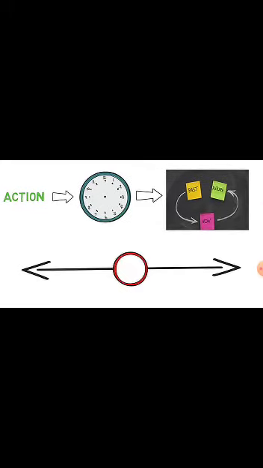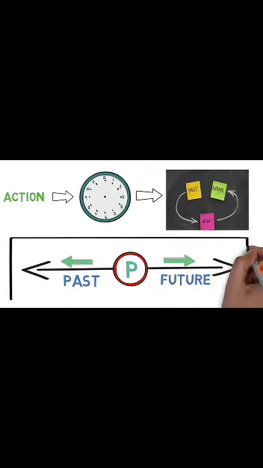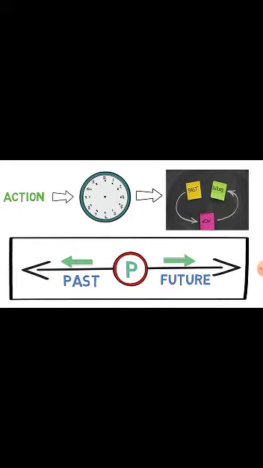The circle represents the present time. The line left of the circle is the time which has already passed, and the line right of the circle is the future time. Please understand this timeline properly, as we are going to use it for understanding when any action took place with respect to time.